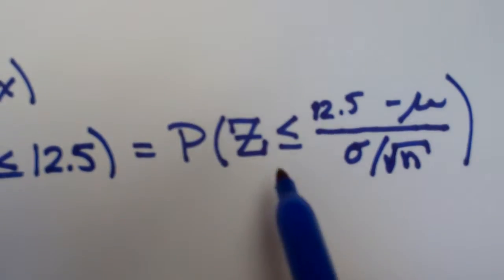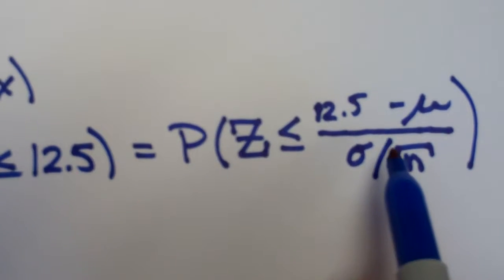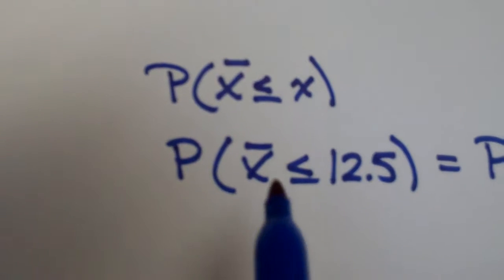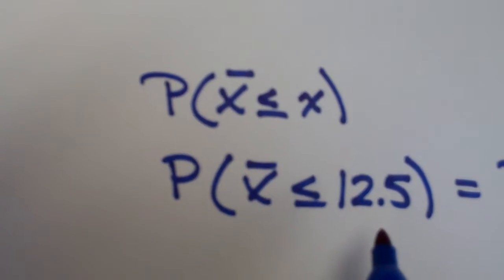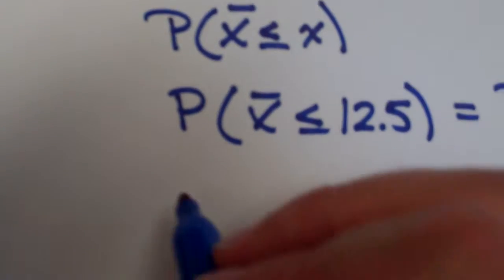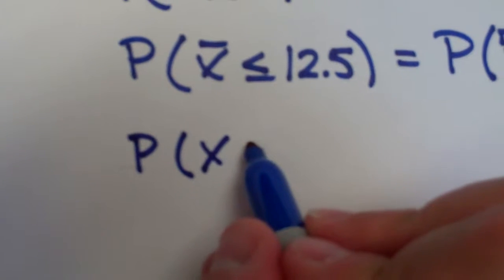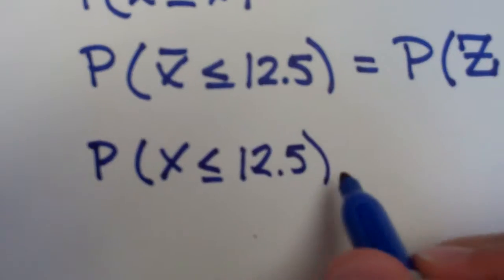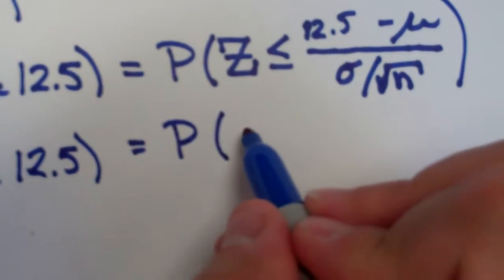We would simplify this expression to find what value of z we need to look up in the table, and then we could find the probability that our sample mean falls this low, as opposed to the probability for a single observation. If we want to find the probability that one time I collect a sample and it falls at 12.5 or lower, in this case, we're looking at the probability for x.